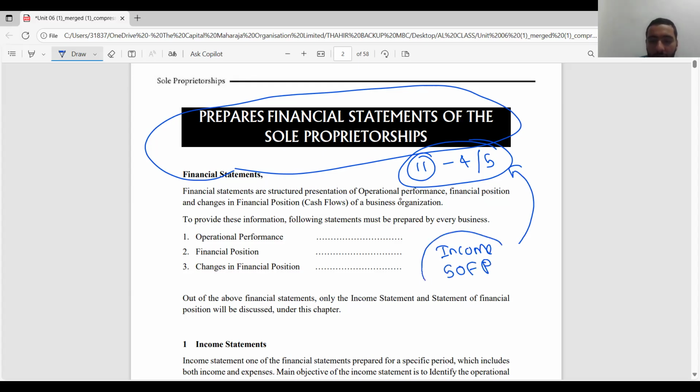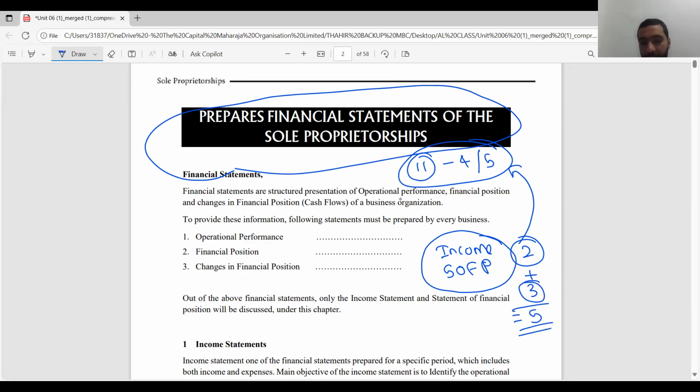This is what was discussed as financial statements. But in A-levels, there are 3 more. In O-levels, you only learn 2. In A-levels, you are going to learn 3 more, so a total of 5 financial statements.